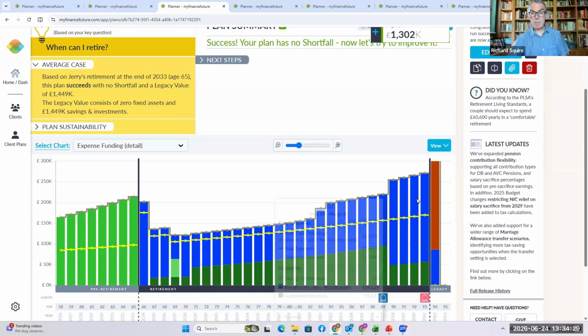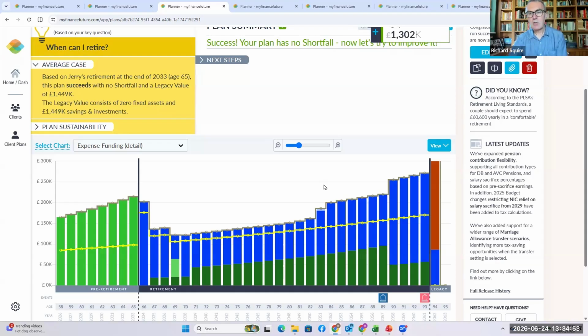The other thing to note is our profile's changed here. So we've got a longer period at which we're paying more tax at the back end of the plan. And the reason for that is there's more money in Jerry's pension, there's less money in ISAs, because the money was going into ISAs before, and it's now going into Jerry's pension. So there's a longer period over which we're reliant solely on Jerry's pension to fund the retirement spending.